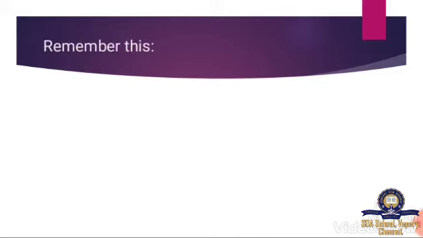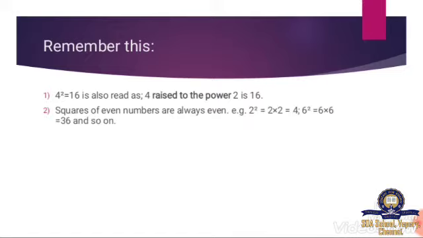Students, please remember the following things in this chapter. The first thing is 4 square is equal to 16, which is also read as 4 raised to the power 2 is 16, which we already learnt in the previous chapter, exponents. The second thing is we already know that 2 square is 4. Likewise, 6 square is 36, and so on.